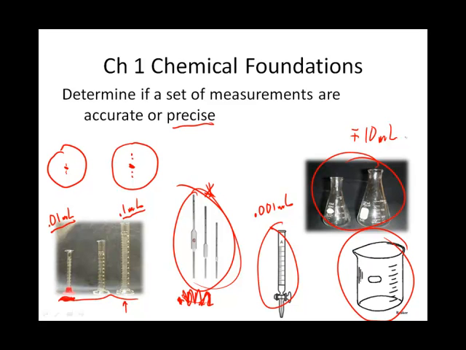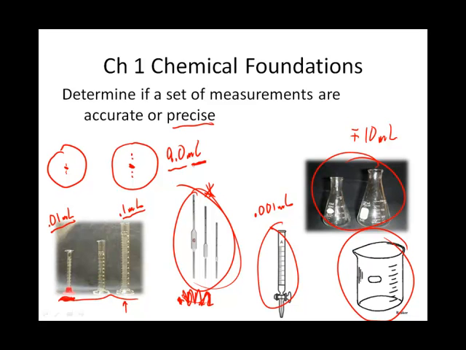Now, we indicate an instrument's or a measurement's precision when we write the measurement. So when we write a measurement, let's say we were measuring 9.0 milliliters, this is the measurement, and this is the number of milliliters. This is the unit, of course.